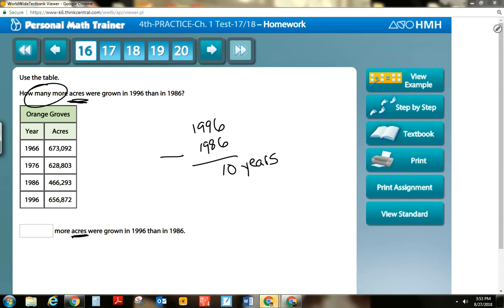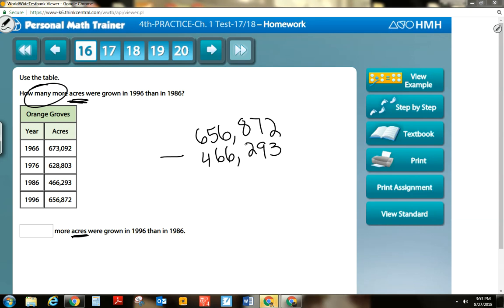So we're not subtracting years, we're subtracting the acres that go with the year. So 1996, we have 656,872 acres. In 1986, we have this number, 466,293. So don't be in such a rush, man. Make sure that you're reading the words. We're paying attention to the acres here.